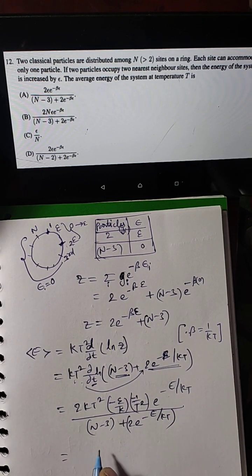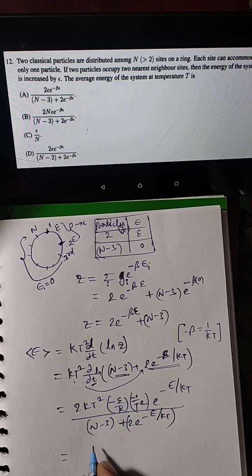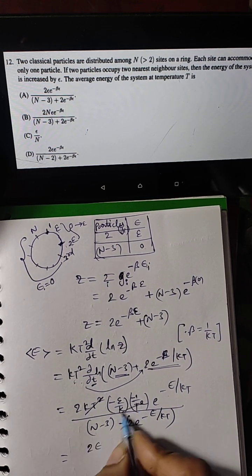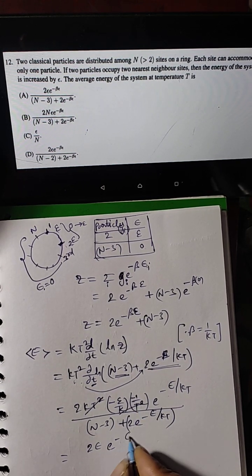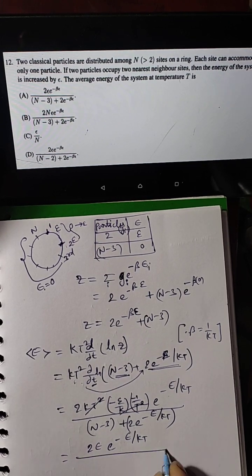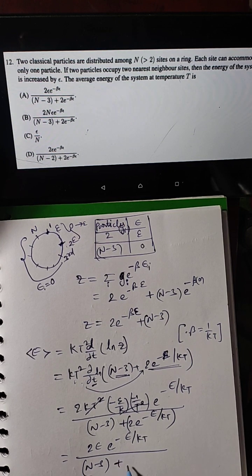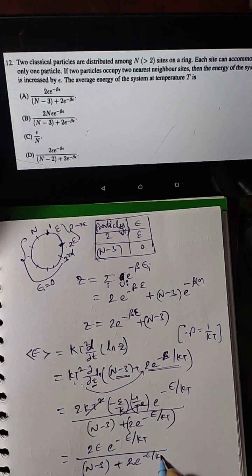So minus and minus is plus, 2E, the kT square will cancel, giving 2E e power minus E by kT over n minus 3 plus 2e power minus E by kT.